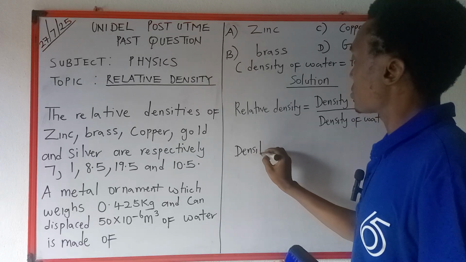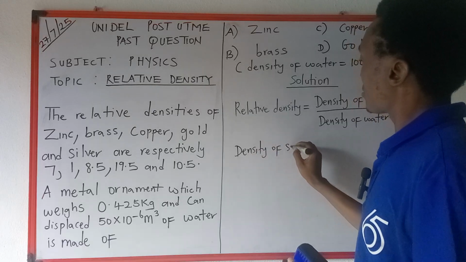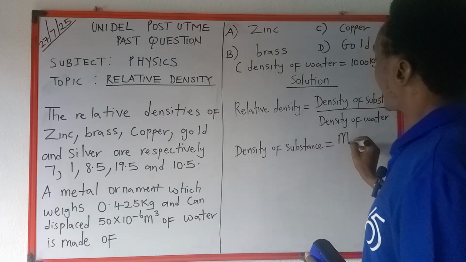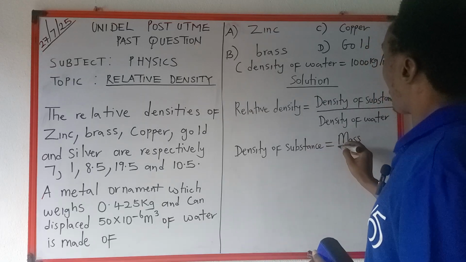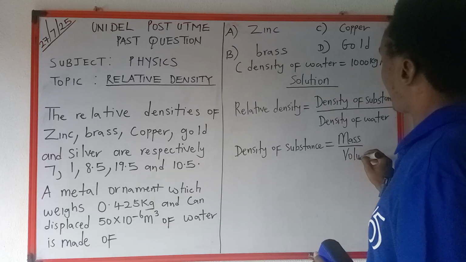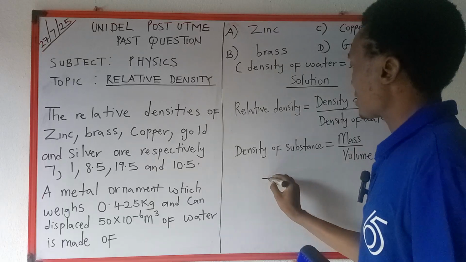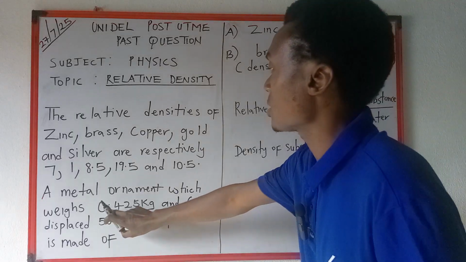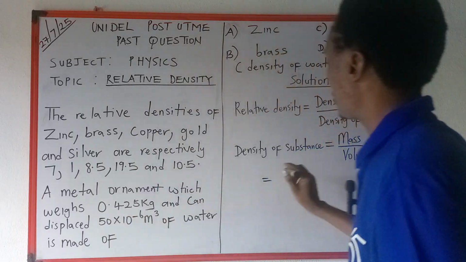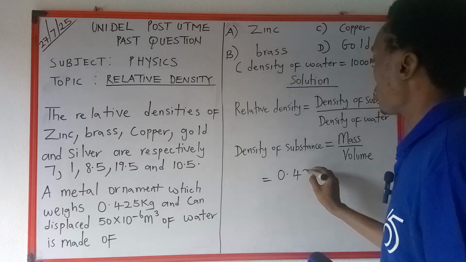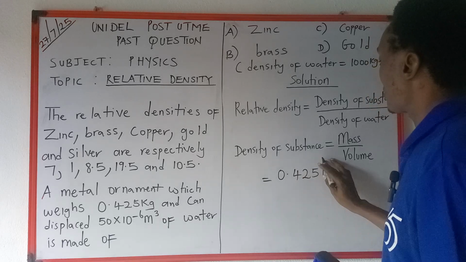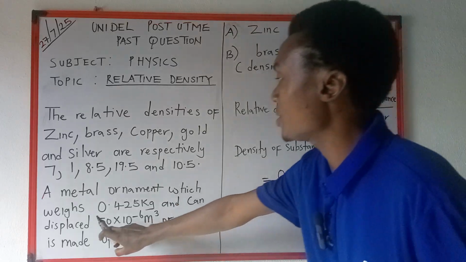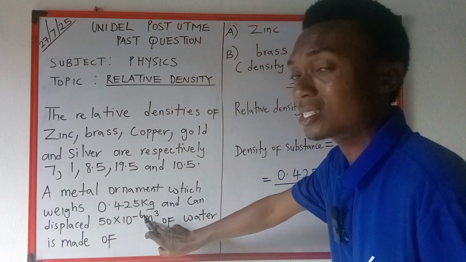Density of substance is mass over volume. What is the mass given in the question? You trace it: the mass was given as 0.425 kg. Over what is the volume? It says displaced, so 50 times 10 to the power -6 meter cube.